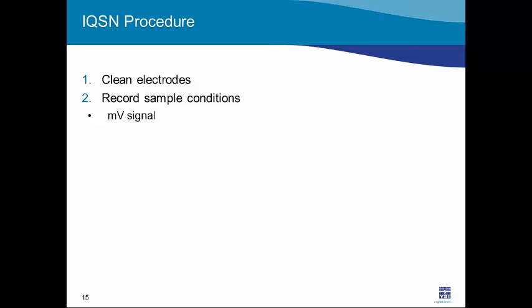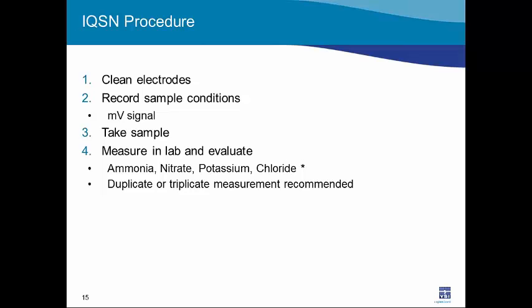The matrix adjustment procedure in the IQ SensorNet starts with cleaning the electrodes, as we demonstrated earlier. Also, you want to record sample conditions, specifically in this case, record the millivolt signal. Take the sample using the techniques we described.